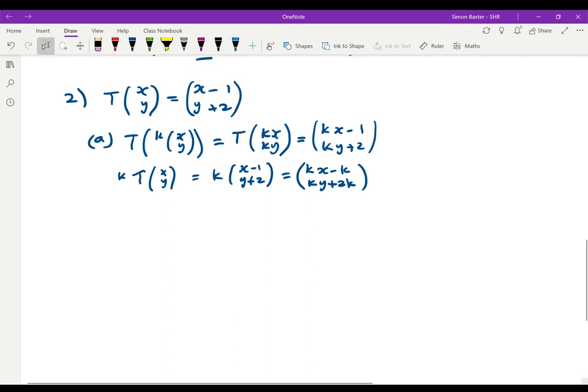And now we can see that we've got different answers. So it doesn't satisfy the first condition that T of k(x, y) has to be k times T of (x, y). So in this case, T is not a linear transformation.